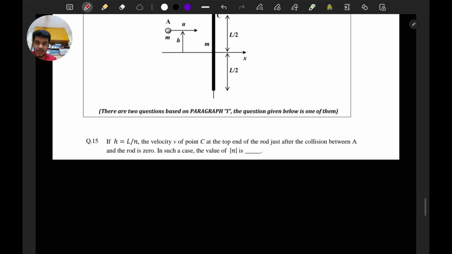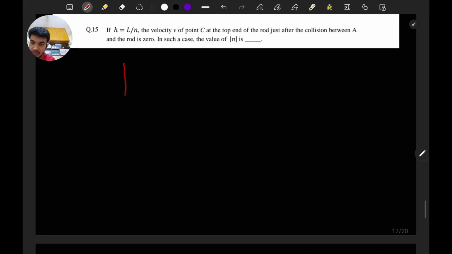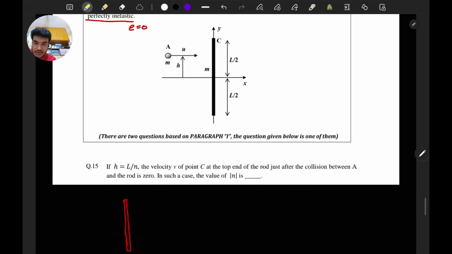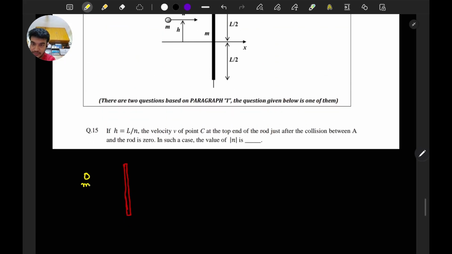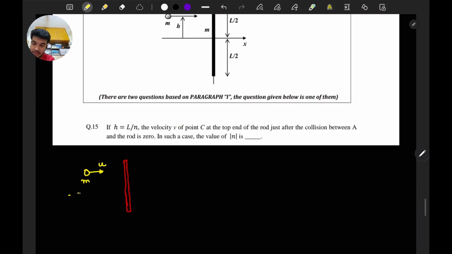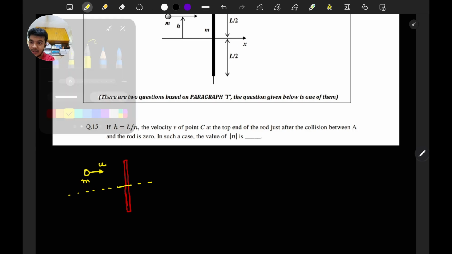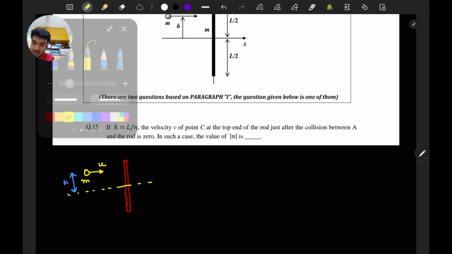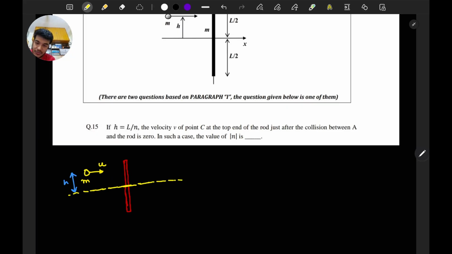Okay, let us make the FBD and everything. Here the rod is there. The mass m is coming with speed u, and from the center it is at some height h, and after it comes, it sticks with the rod.